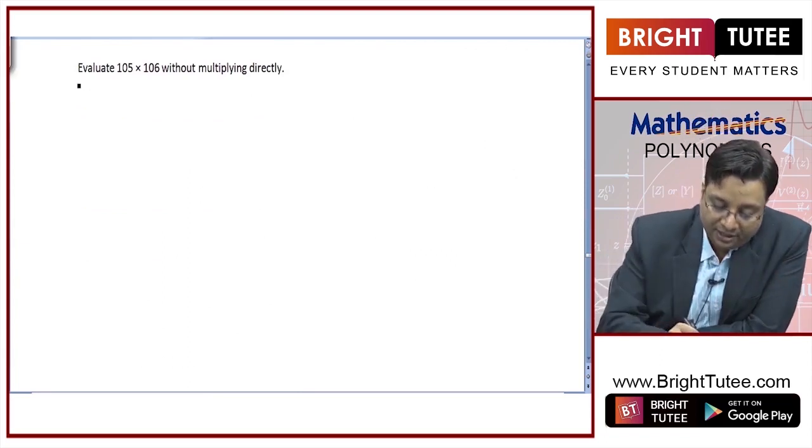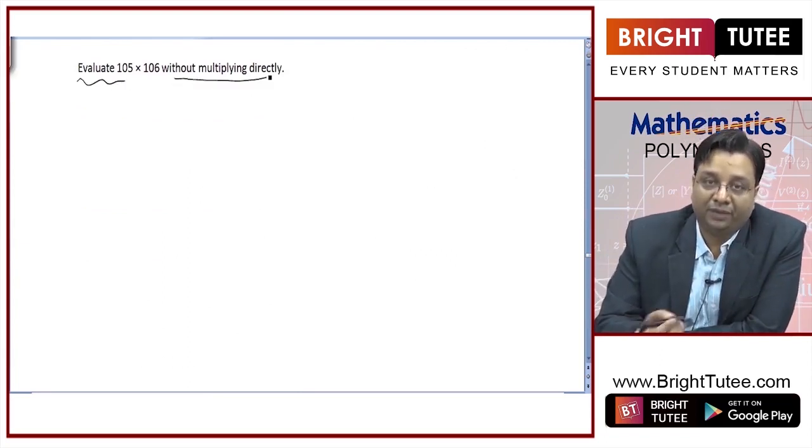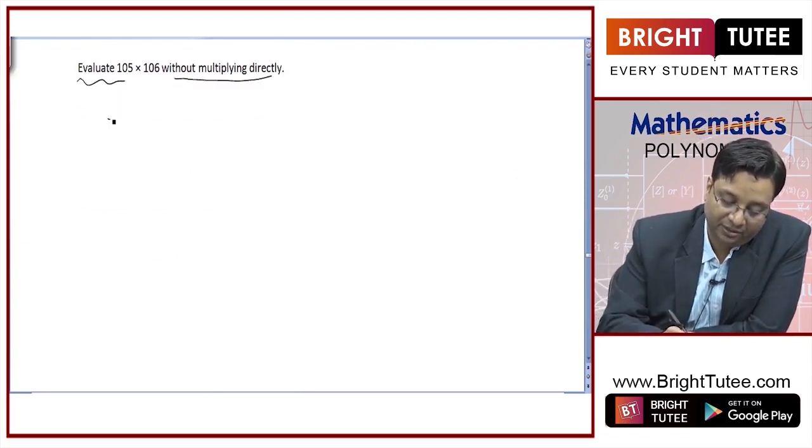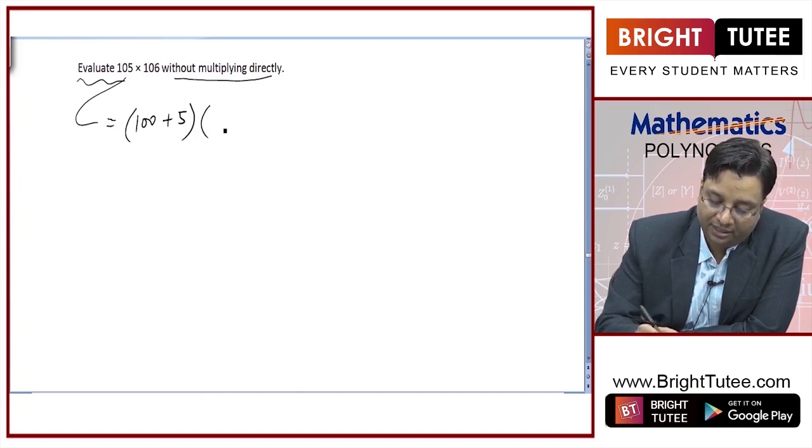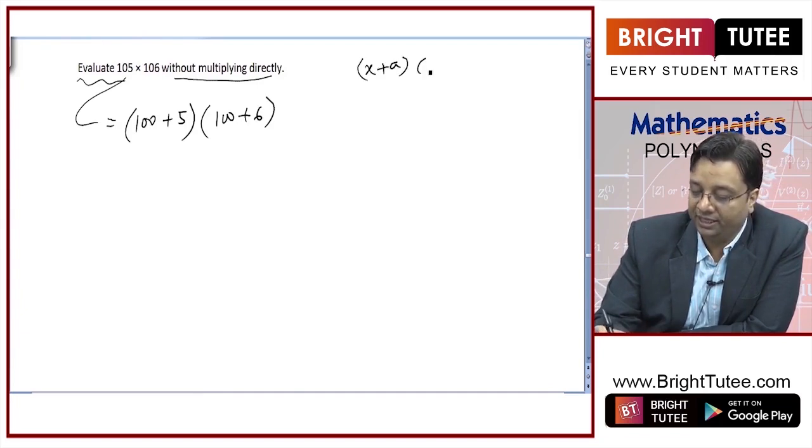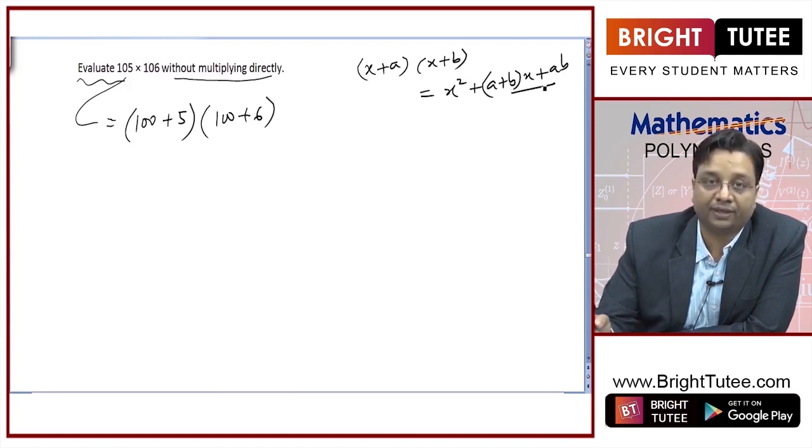Evaluate this without multiplying directly. So let us convert it into some kind of identity. This expression is equal to (100 + 5) into (100 + 6). Right. So we will use the identity (x + a)(x + b) is equal to x square plus (a + b)x plus ab, right?